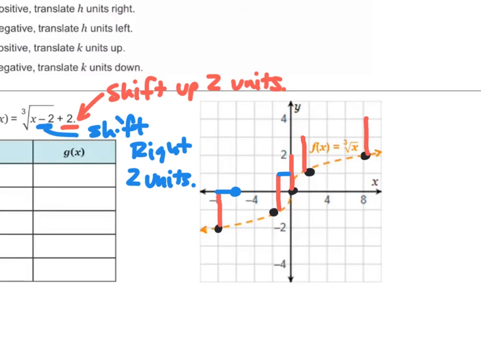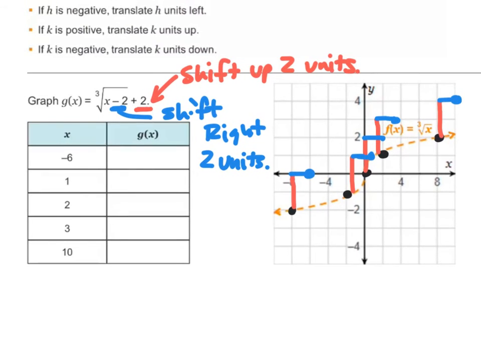So when I plug in the point -6, as a result, I get 0. When I plug in 1, I'm going to get a positive 1 out of that.